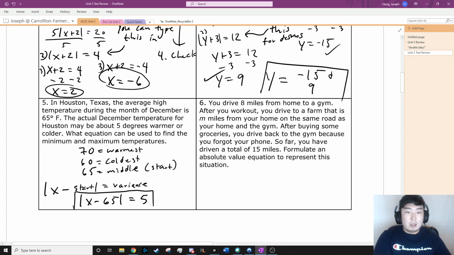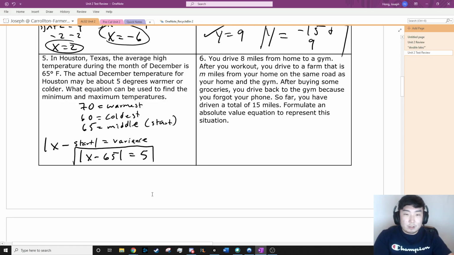That's it. So the skill that you're learning in this question is, how can I evaluate a word problem or a scenario and make it into an equation? Because if I try to solve this problem again, it would look like this. X minus 65 is equal to 5, and x minus 65 is equal to negative 5.